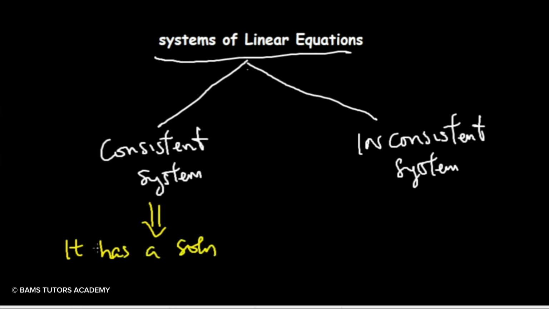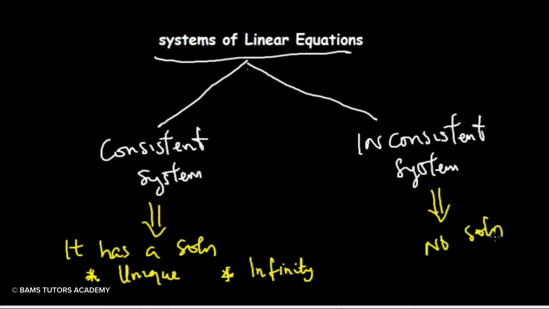And when it has a solution, there are two types of solution that it can have. It can have a unique solution, or it can have infinitely many solutions. We are going to see that while we are solving. This video is just for explanations. Now, when do we say a system is inconsistent? A system is said to be inconsistent if it does not have a solution.